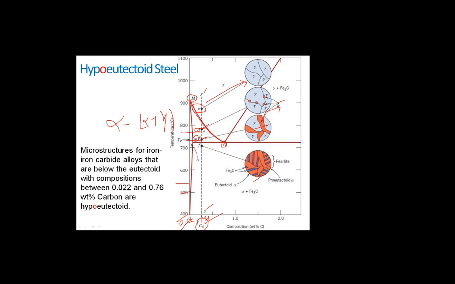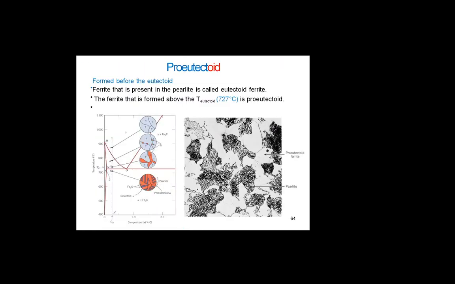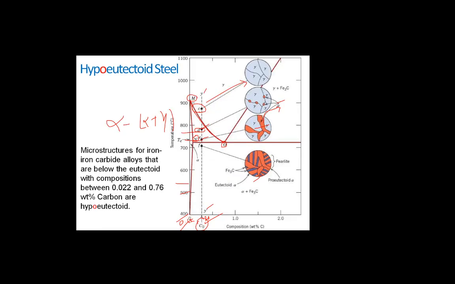So it will be present as a continuous matrix phase surrounding isolated pearlite colonies, and the microstructure at the point F will appear as the corresponding schematic inset shown in the figure. Thus the ferrite phase will be present both in the pearlite and also as the phase that formed while cooling through the alpha plus gamma phase region.